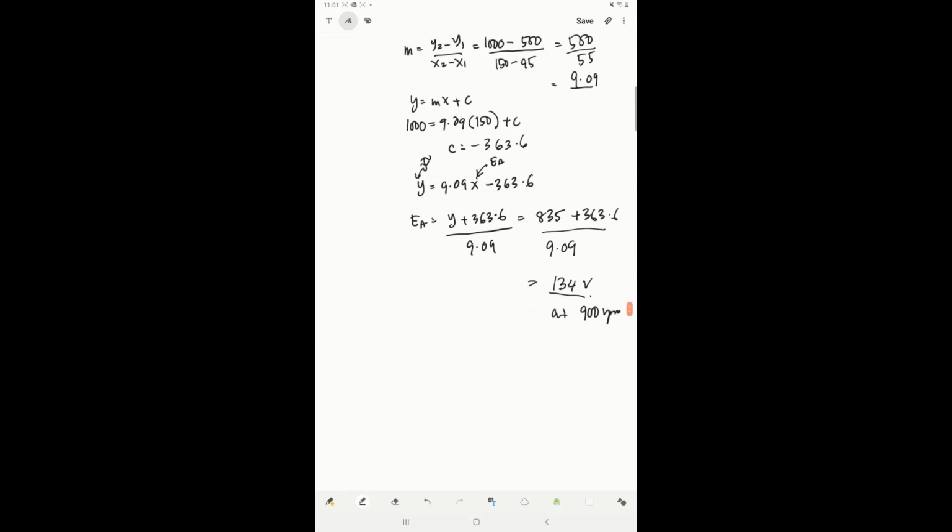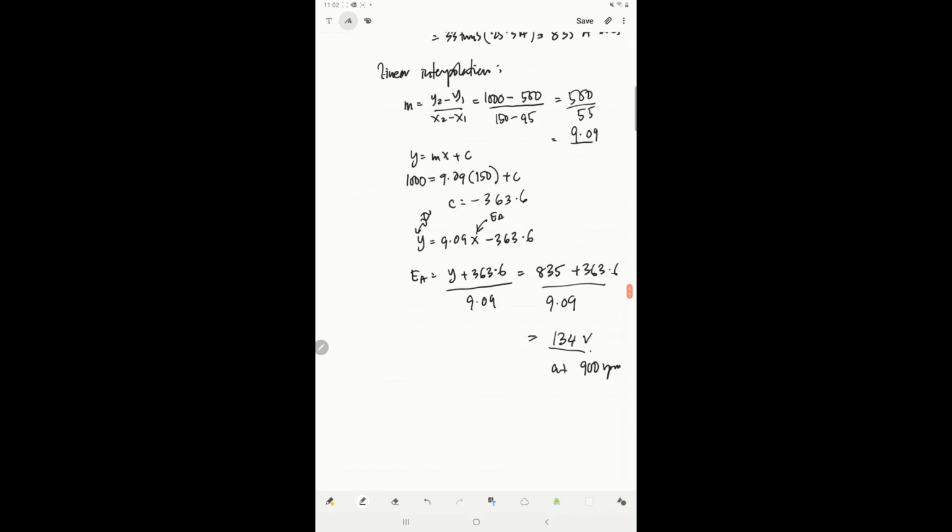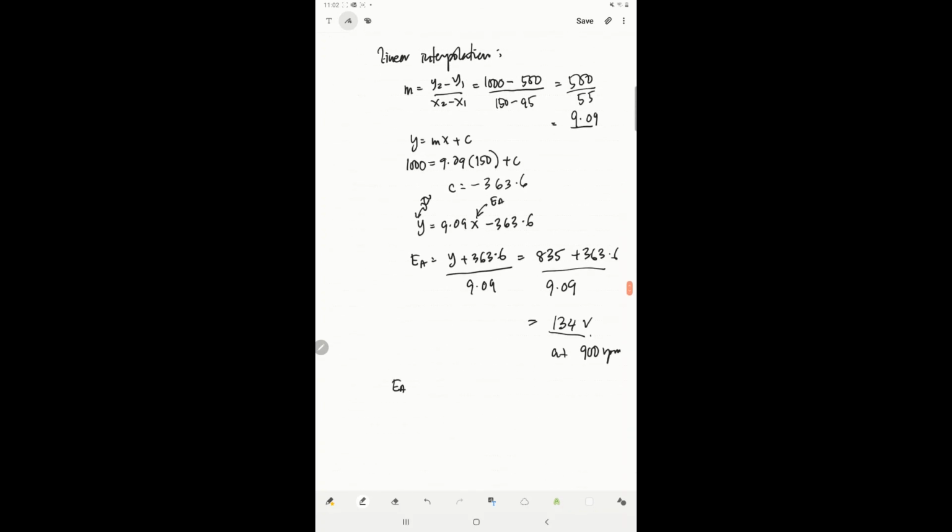Right now we know that we have some internal generated voltage at some speed, and we also know that the internal generated voltage with that amount of current is 236.2. We want to know what speed we're talking about. So it's EA at this current divided by the speed that we don't know yet, equal to the EA from the curve divided by the speed from the curve.